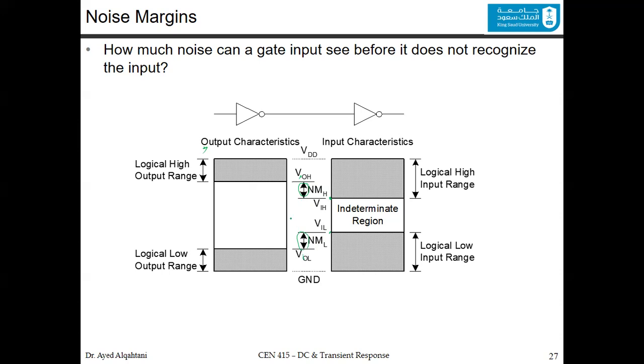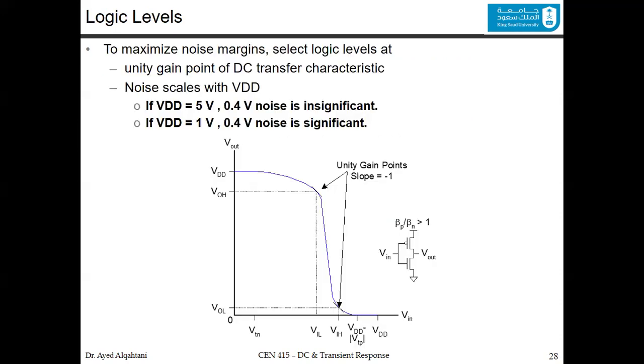And this is only if you have the beta ratio equal to 1, meaning the beta of the N is equal to the beta of the P. So what will happen if that's not the case? We discuss this in the next slide. If it's not the case, let's say that you have beta P larger than beta N.